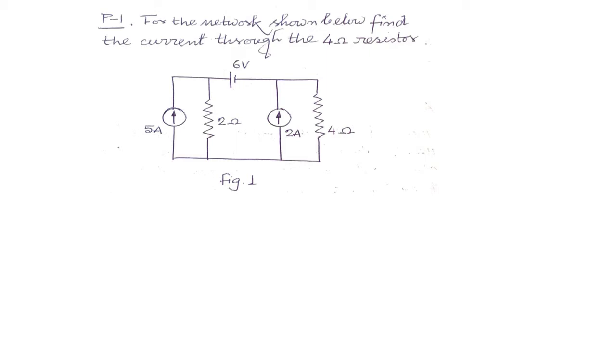From this circuit, we can see this source is common to both this loop and this loop, so definitely this is forming our super mesh. Let us redraw the circuit in a manner that will help us solve it by super mesh analysis.